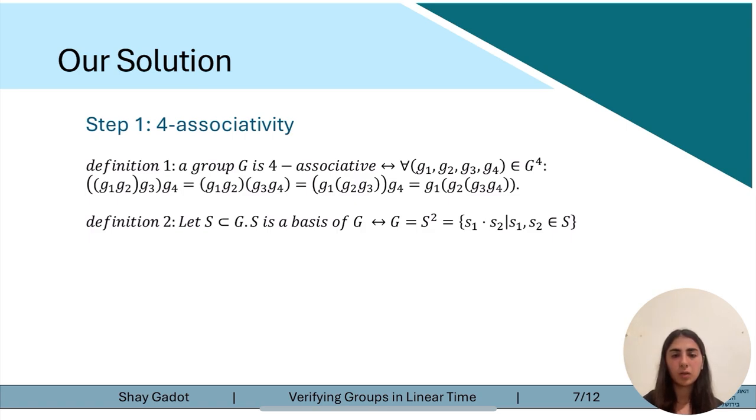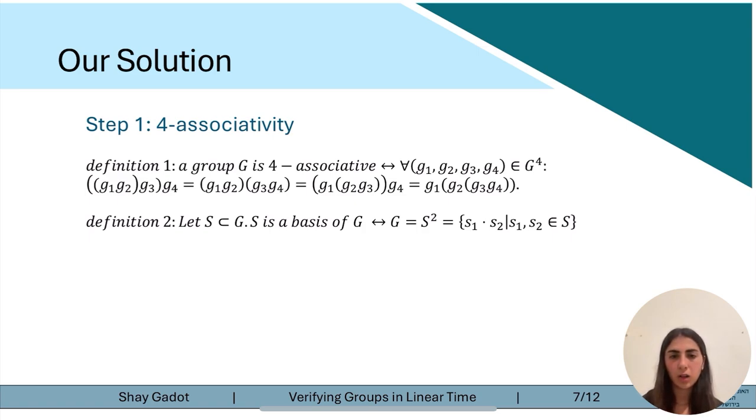So the first reduction we make is reducing the problem of proving associativity to proving four-associativity over a basis of a group. So what is four-associativity? Four-associativity is a relation of 4 elements in G. We actually want to prove a relation very similar to associativity, only over sets of 4 instead of sets of 3.